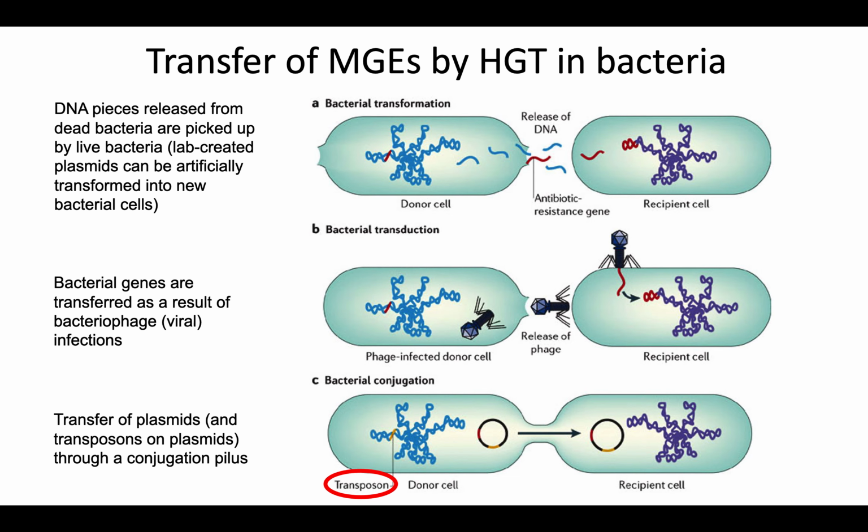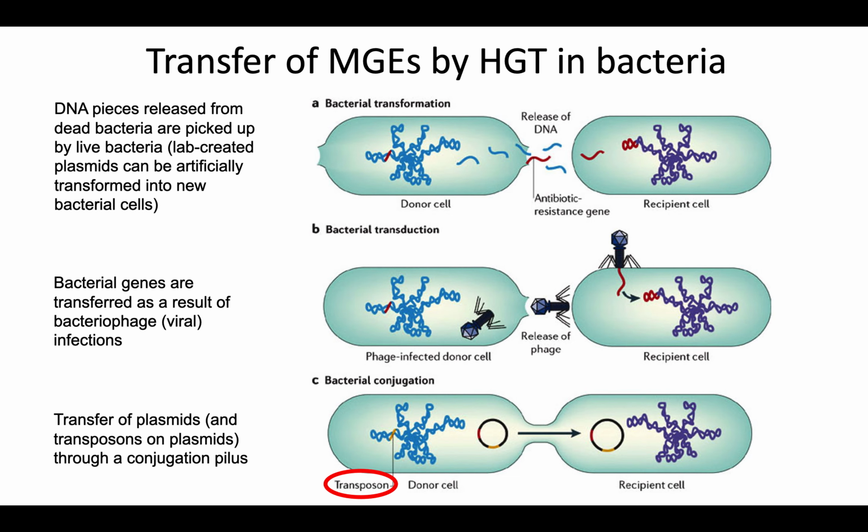Once it's in the recipient cell, it will replicate so that you have a full plasmid. And the same thing with the donor cell: it has given one part of its plasmid to the recipient cell, and it will also replicate, so it's a complete plasmid.